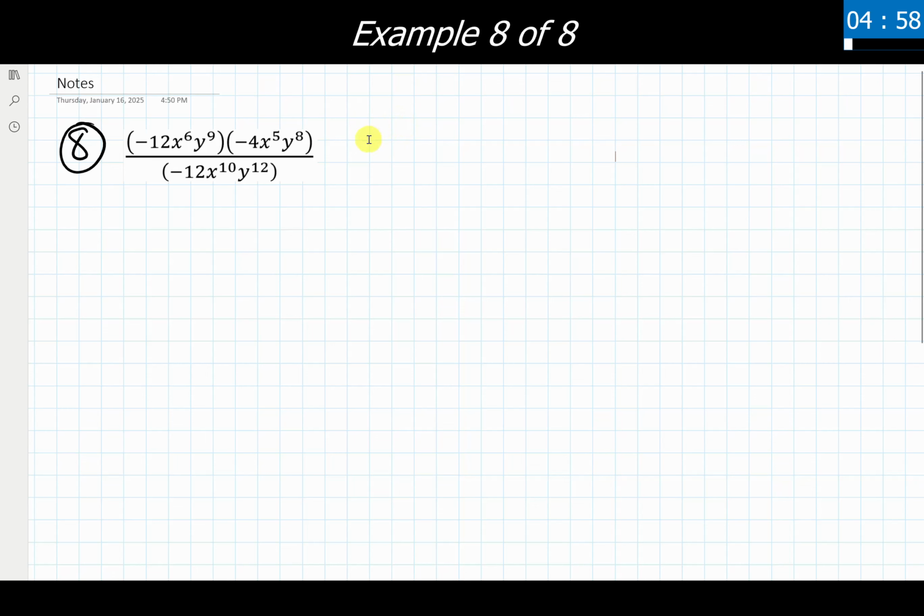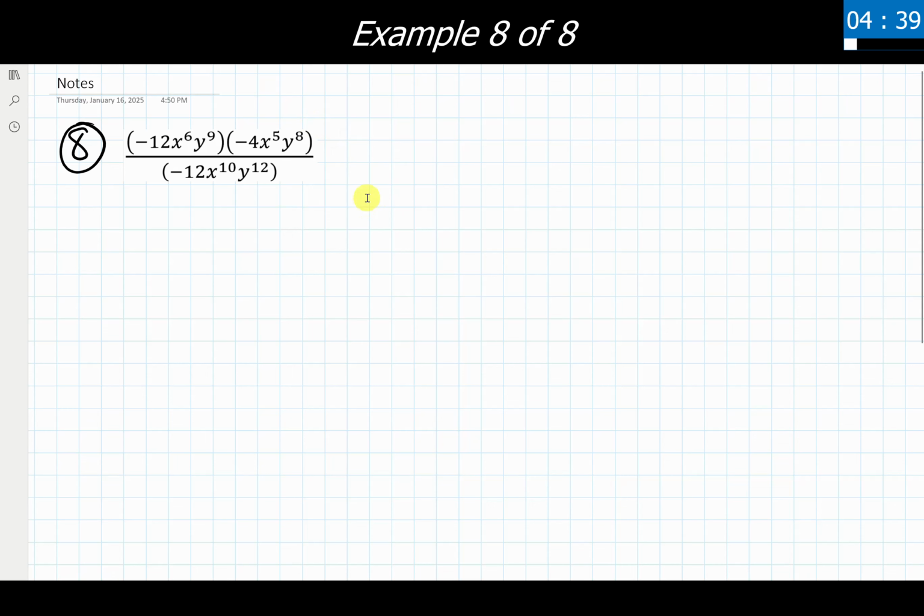Me personally, I like to simplify the numerator all by itself, simplify the denominator all by itself, and then look to see what I could do and simplify in the numerator and the denominator spot. Essentially then cancel stuff out.